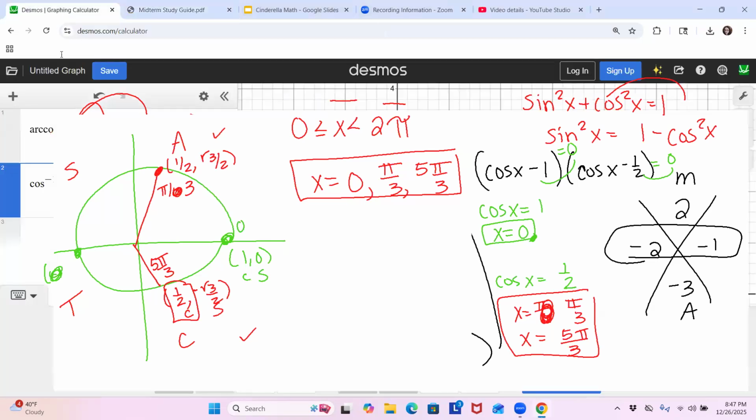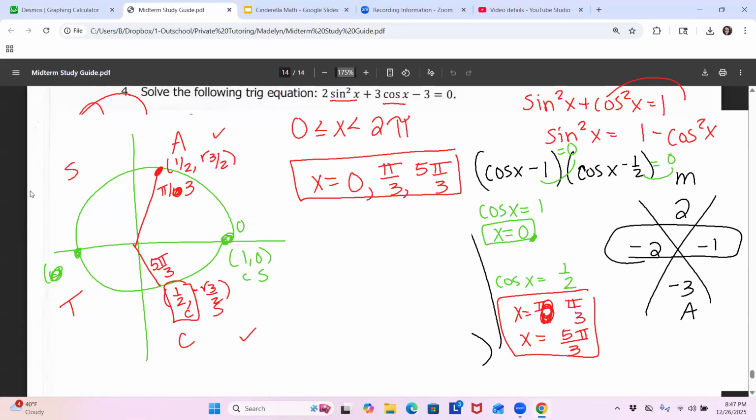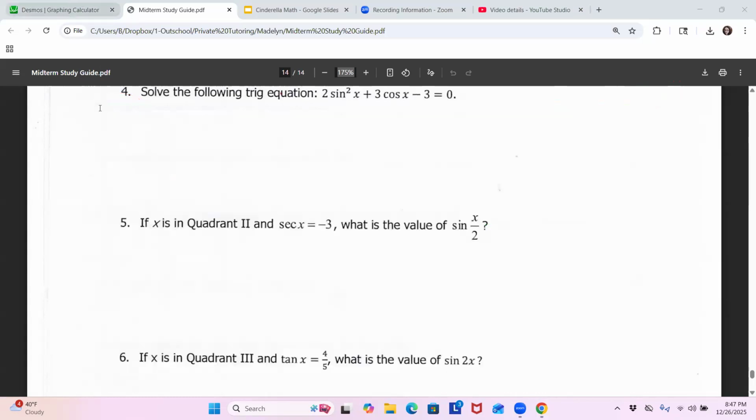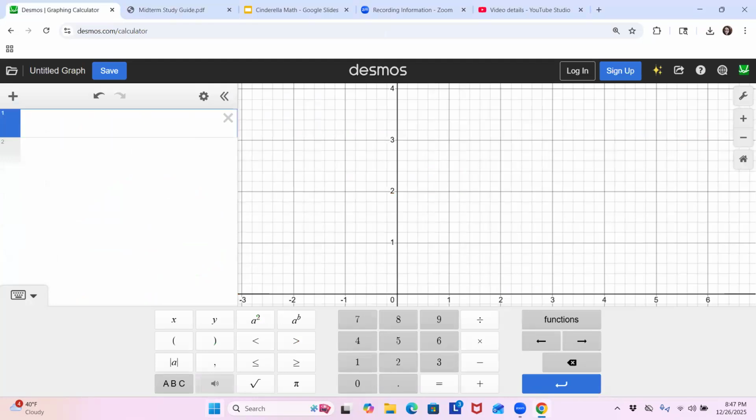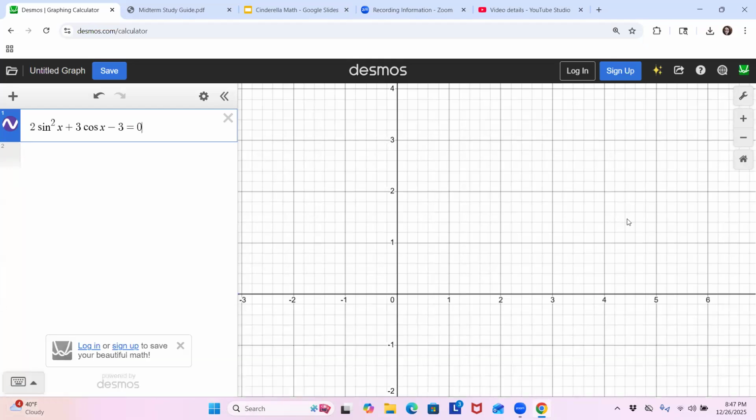Let me check this one real fast. What was the question? Let me see. 2 sine squared plus 3 cosine minus 3. I don't know if it's going to show us anything, actually. No. Why don't I take that off?